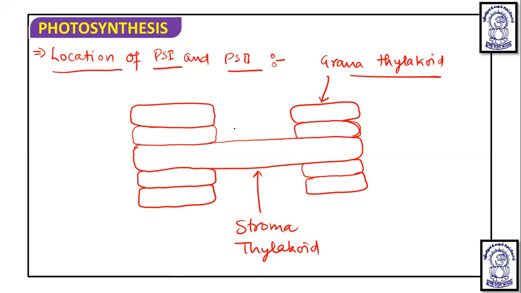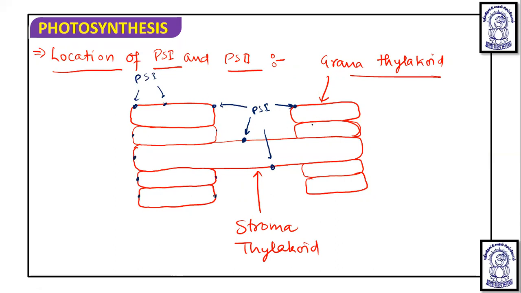So remember, here you will see the presence of PS1. Here also you can see the presence of PS1. Here also, all these points, you will see the presence of PS1.